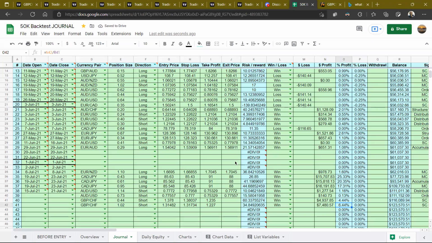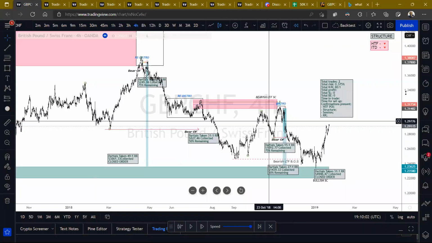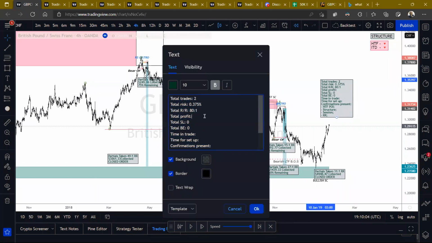Okay, and that is, so that's a total profit of 44182.